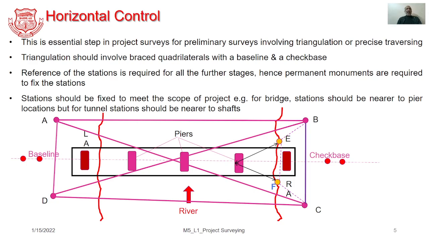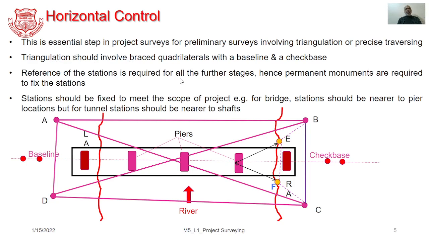This triangulation would involve braced quadrilaterals with a baseline as well as a check base. Already we have discussed triangulation networks and trilateration networks, so the concept of triangulation is clear to you.